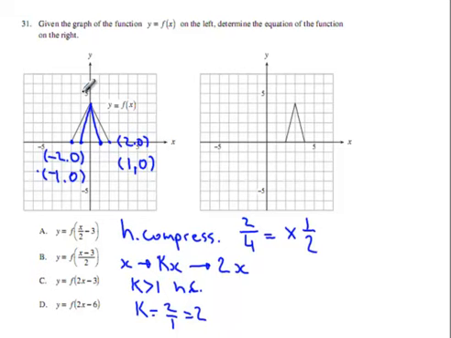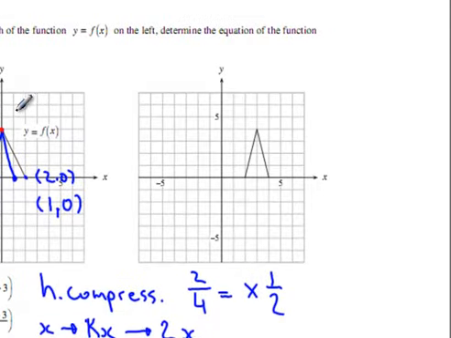What we now have to do is move it to the right. And we take a look at that point there, for example. Clearly, it's gone from there over to there, which is a horizontal translation right 3.